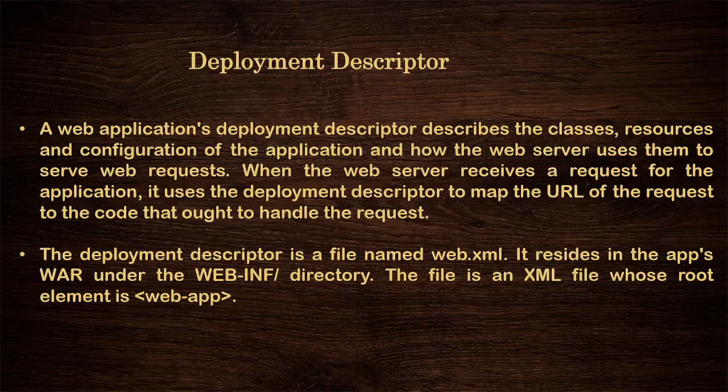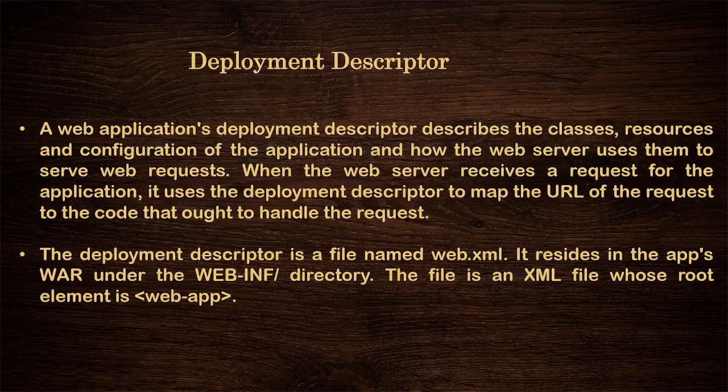When the web server receives a request for the application, it uses the deployment descriptor to map the URL of the request to the code that should handle the request. The deployment descriptor's file name is web.xml.